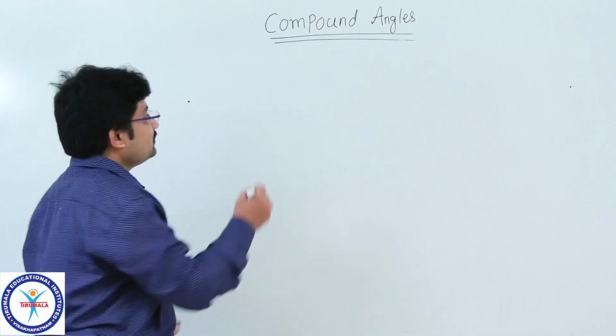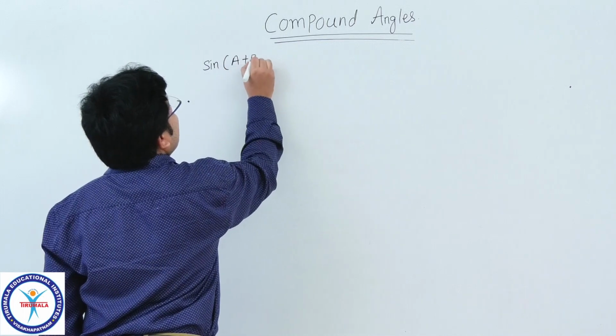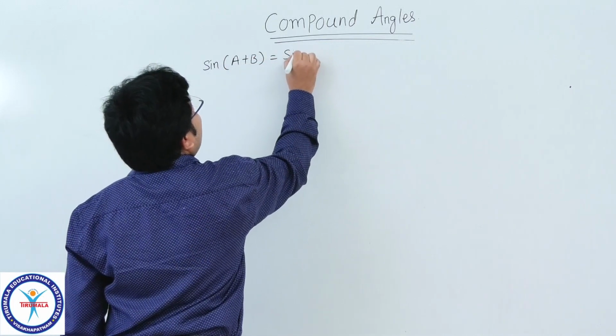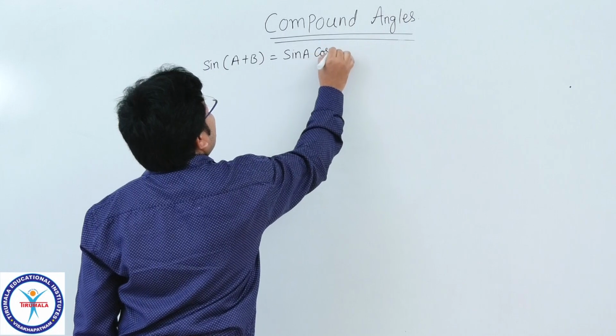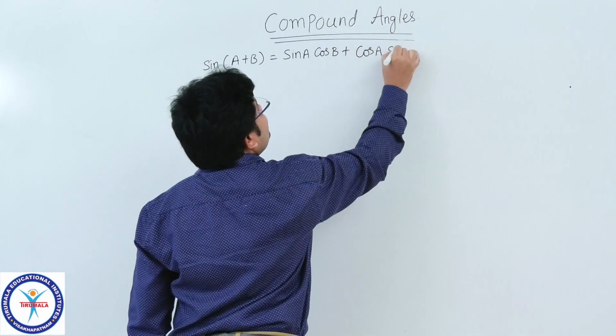We have learned that sin(A+B) is equal to sin A cos B plus cos A sin B.